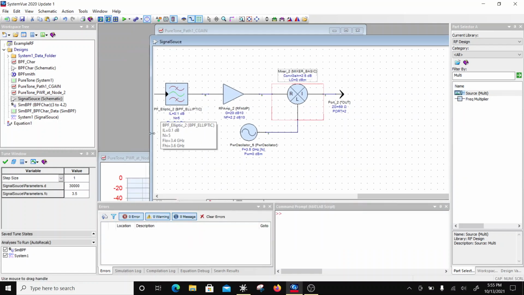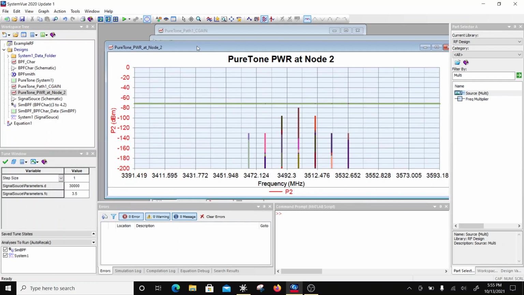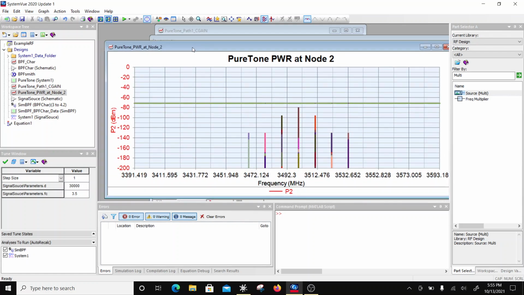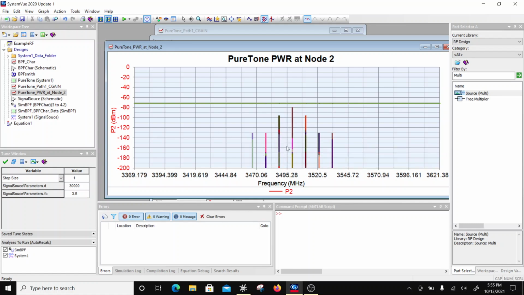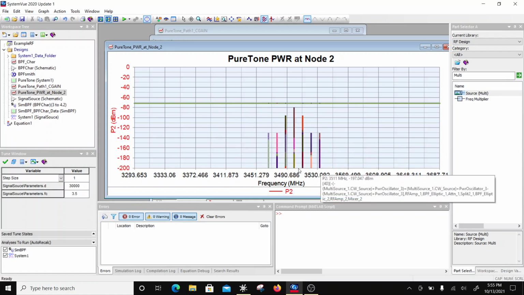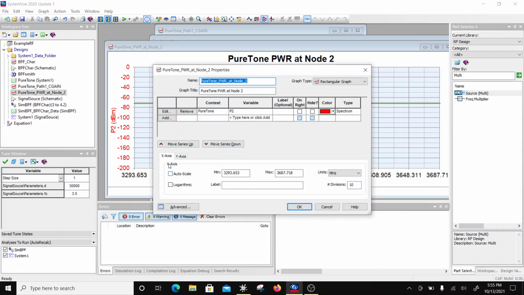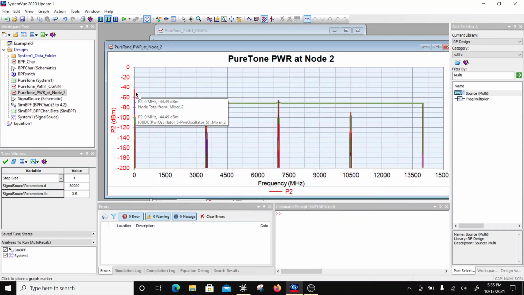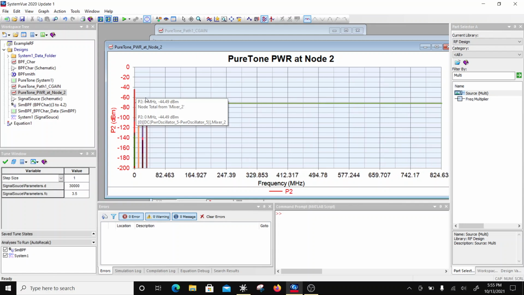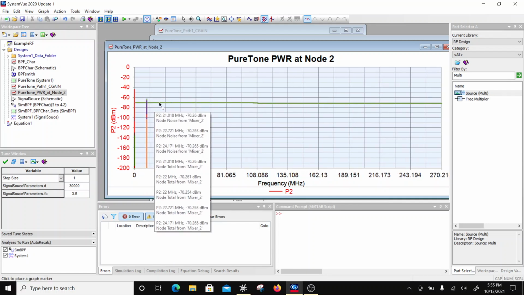Let's look at this curve. Okay, so we are at a different place now. We will not be looking at 3 point something; rather, we will be looking at 11. So we are over here now, because we have down converted.